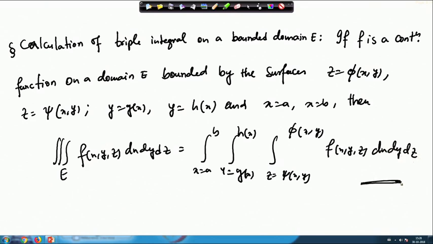So, that is how we will calculate the triple integral over a bounded region.